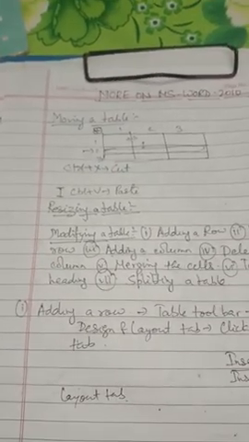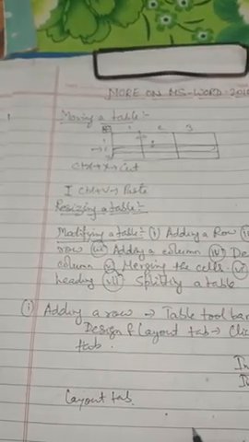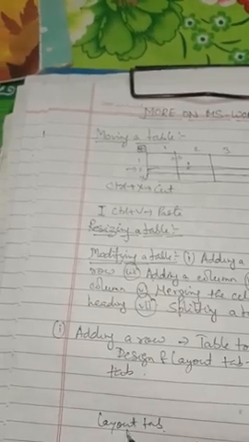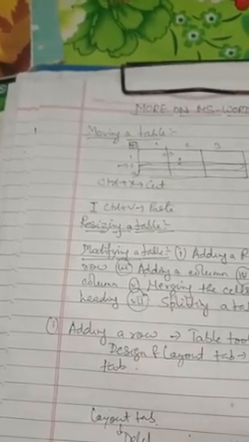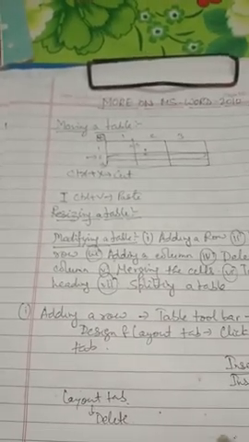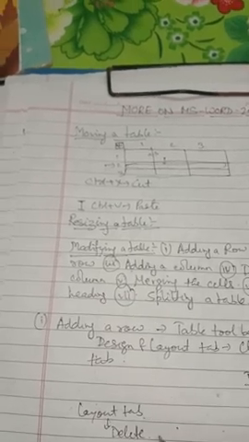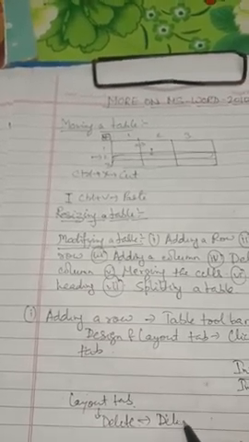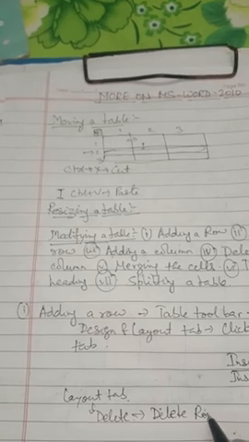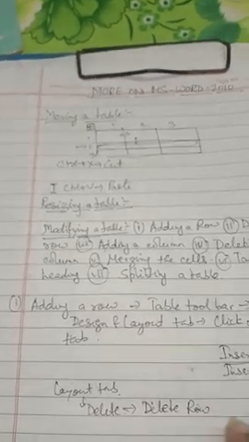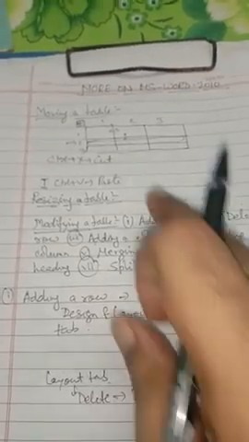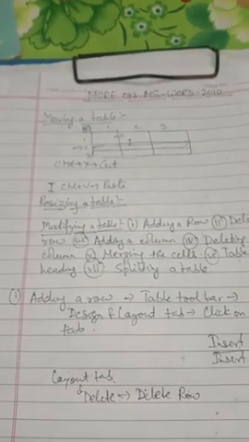From the layout tab, move to the delete option, and in the delete option, click on the delete row option. As soon as you click on delete row, the row that you have selected will get deleted.